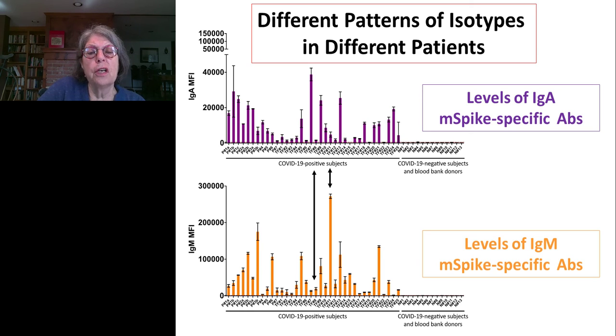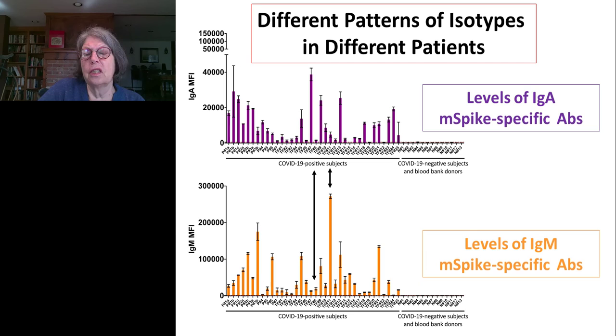The first arrow shows that this particular patient had a great deal of IgM, but very little IgA. The second arrow shows just the opposite, a patient that has very little IgM, but a great deal of IgA. So different patients have different patterns of responses in different isotype categories.